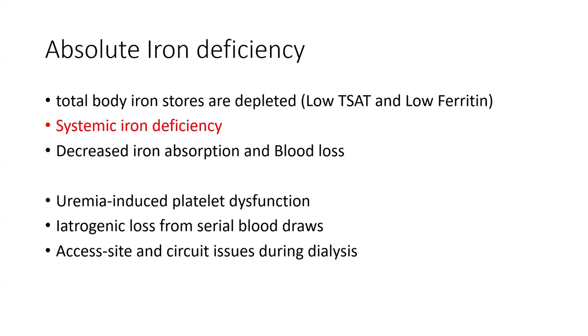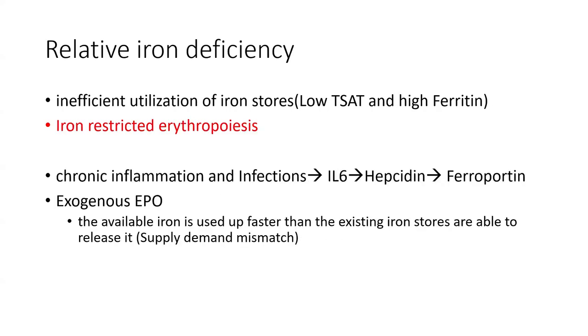Now, relative iron deficiency is different. It is characterized by low TSAT and high ferritin. It is now termed iron-restricted erythropoiesis. The reason is chronic inflammation and infection, which trigger IL-6 and increased expression of hepcidin and decreased clearance of hepcidin, which then inhibits ferroportin.